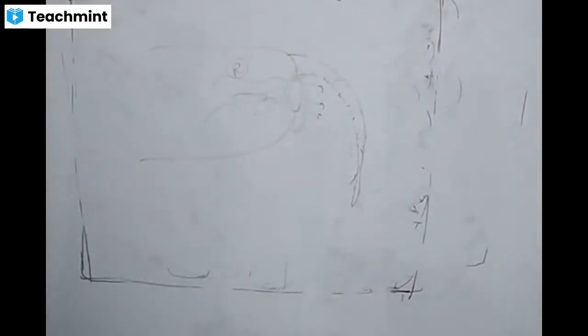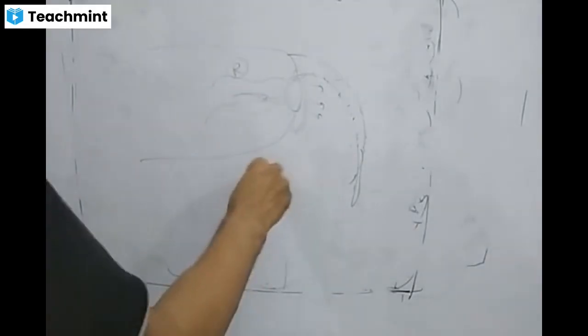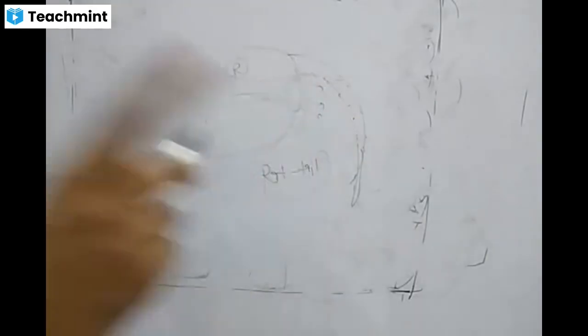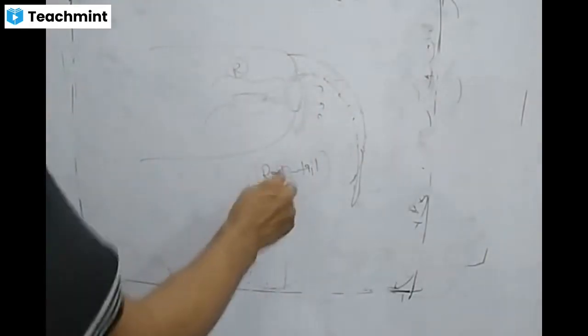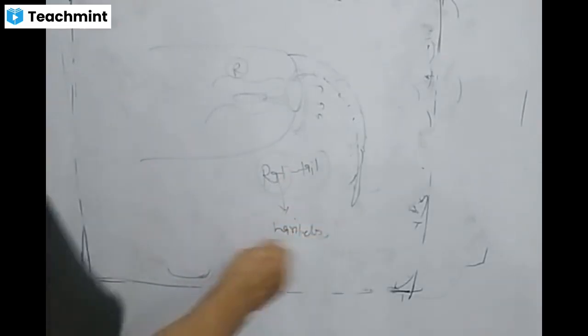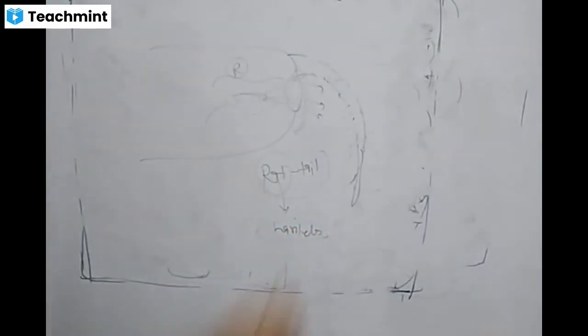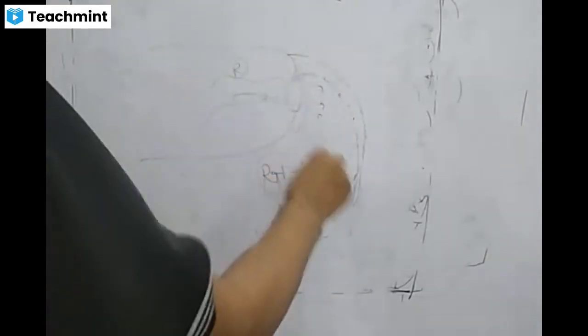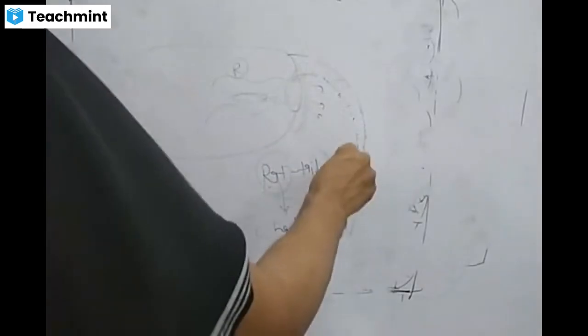So the tail will look like a rat tail, because if you look at the tail of a rat, it is always hairless. There are no hairs on the tail of a rat. So we compare this tail with loss of hair and call it rat tail appearance.